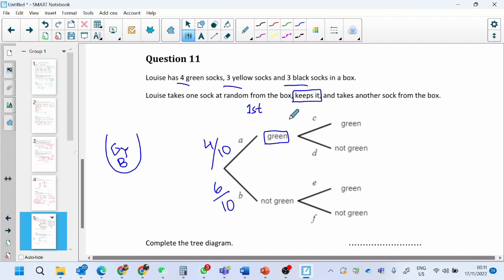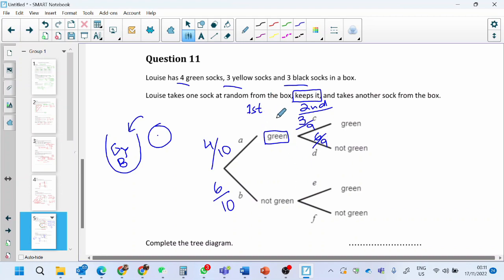And he keeps it, he does not put it back inside, so he keeps it outside. So inside the bag, now in the second attempt, how many green are left? One green is gone. Total there were four greens. So now three greens are left in the bag, and the total also has decreased. Previously there were 10 socks, now there are 9 socks left. And not green, right? There were 6, so the 6 remain the same, whereas the total has reduced to 9.